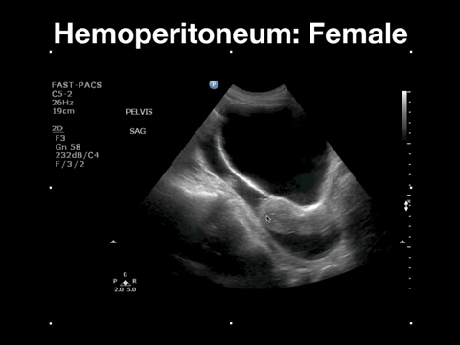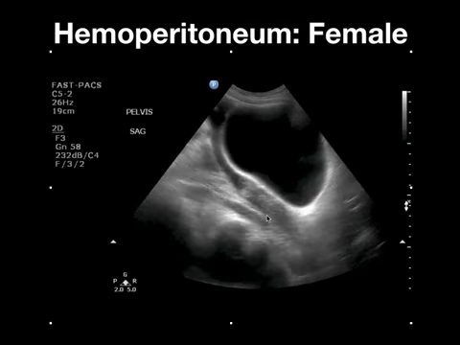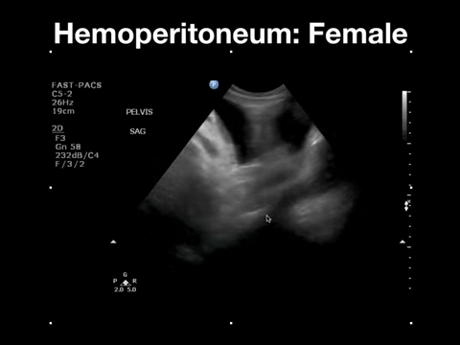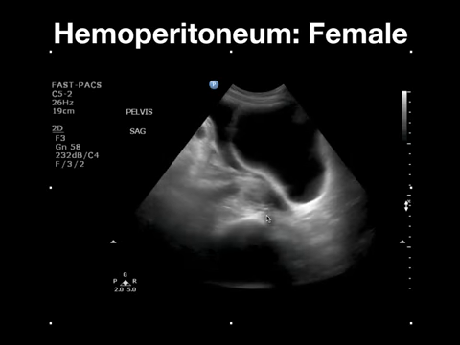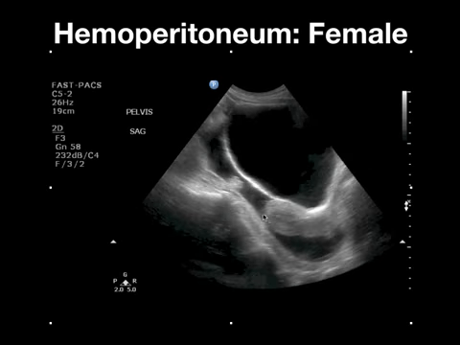Here's a female patient with a large amount of free fluid in the pelvis. Again, looking at this sagittal image, you can see here is the urinary bladder, and you know this is a urinary bladder because it's got the echogenic wall surrounding it. It's got a well-defined rounded or oval shape to it.